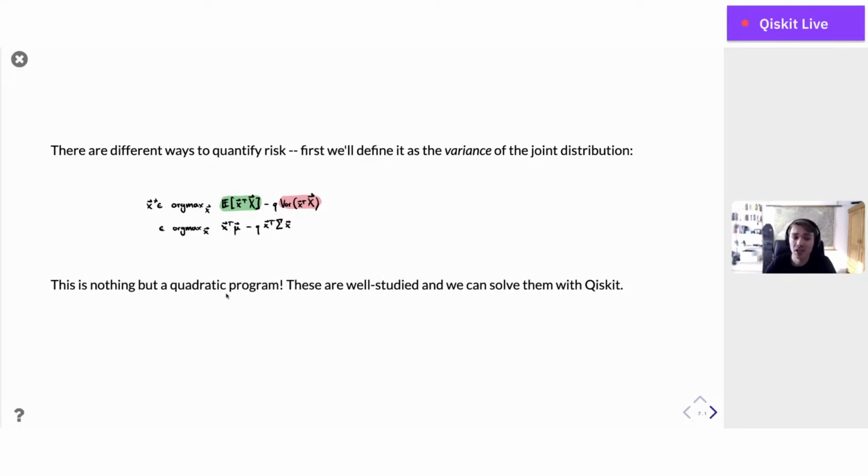And this formulation here is nothing but a quadratic program, because on the left side we have a linear part, which is linear in the vector that we look for, and on the right side we have a quadratic part. These quadratic programs are very well studied, and we can solve them with Qiskit or with classical algorithms.